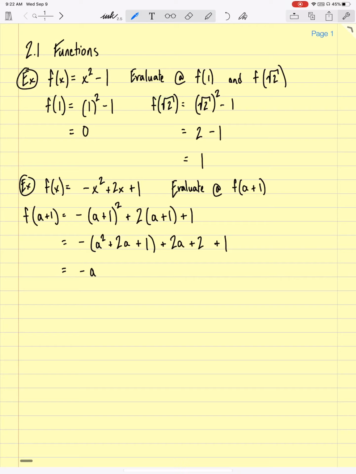So I'm going to distribute the negative sign, and then cancel what cancels. The 2a's go away. Negative 1 and 1 goes away. So we would just be left with negative a squared plus 2. Okay, so that would be evaluating a function at a plus 1.